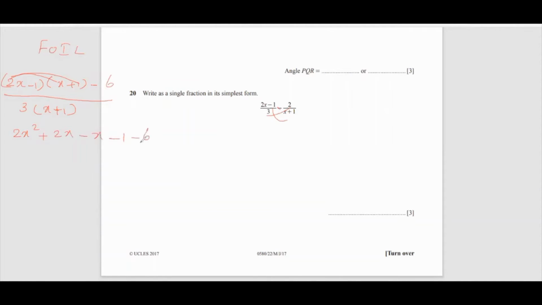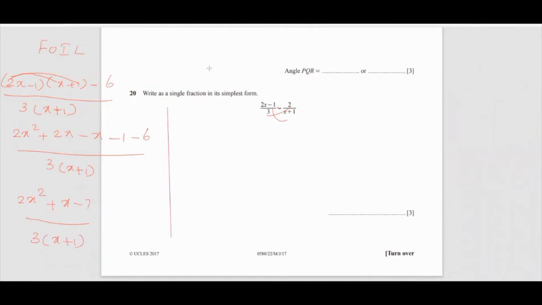And then I have here minus 6 over 3 times x plus 1. I don't multiply the denominator. Let's see the result in the numerator: 2x square plus x minus 7 over 3 times x plus 1.